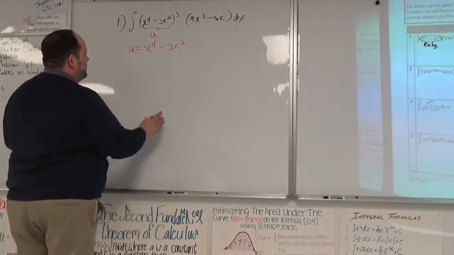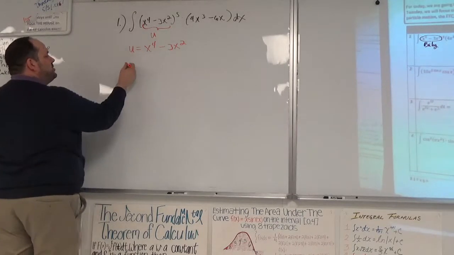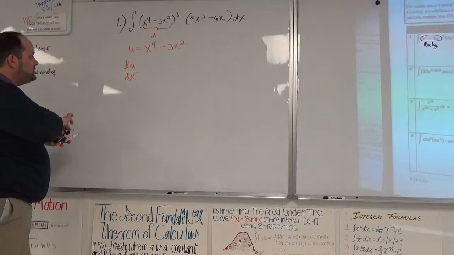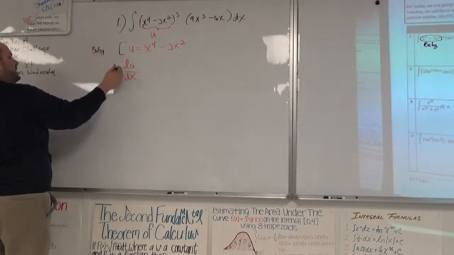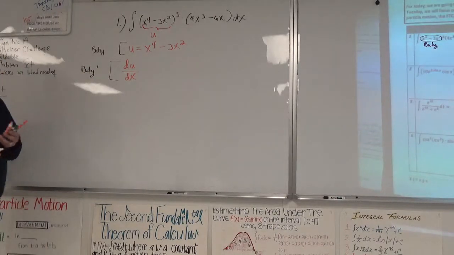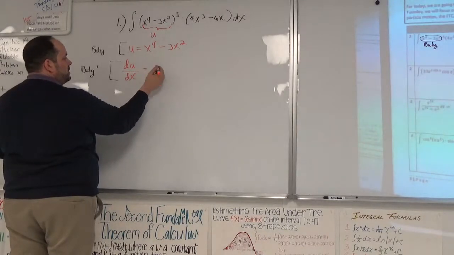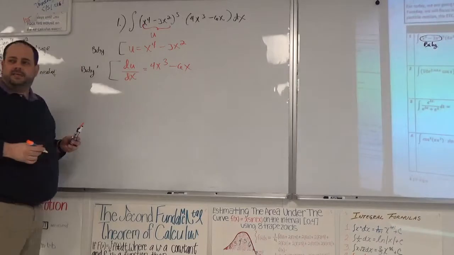Now here's the thing though. In calc, not only do you identify the baby, you then need to find the derivative of the baby. So this first step is about identification of the baby. This part here is baby prime. What's the derivative of the baby? 4x cubed minus 6x.